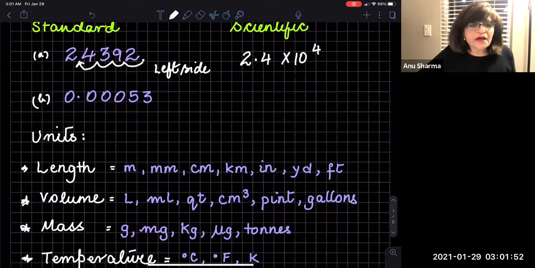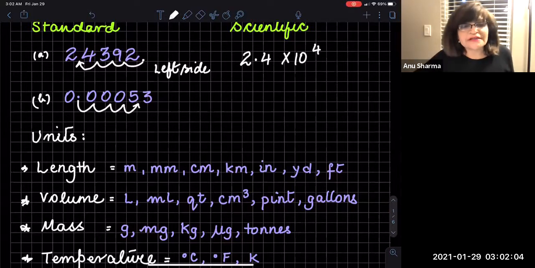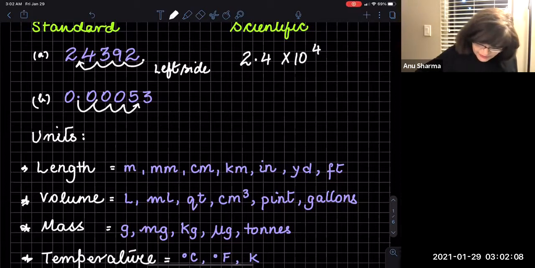Okay. On the other hand, when you have a very small number, in that case, you're going to move the decimal 1, 2, 3, and 4. So in this case, we move the decimal 4 places. As you can see, I'm moving it in between the zeros right here. Here also, I moved in between. So these spaces were counted.